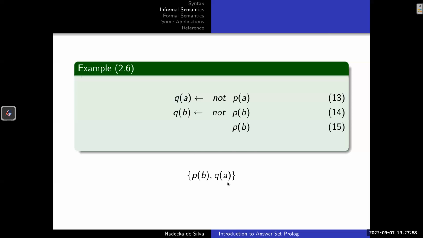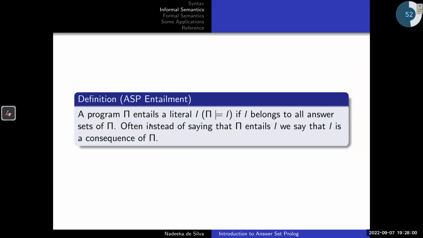Now I define the logical entailment for this one. I say program P entails a literal L if this literal L belongs to all the answer sets.